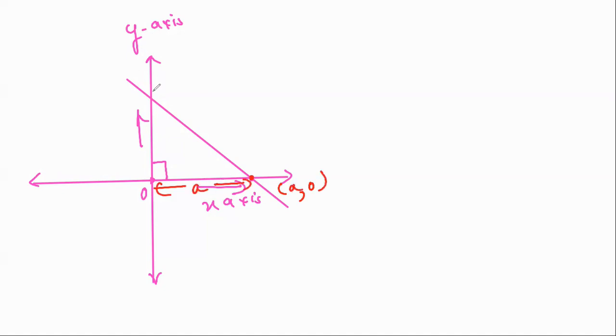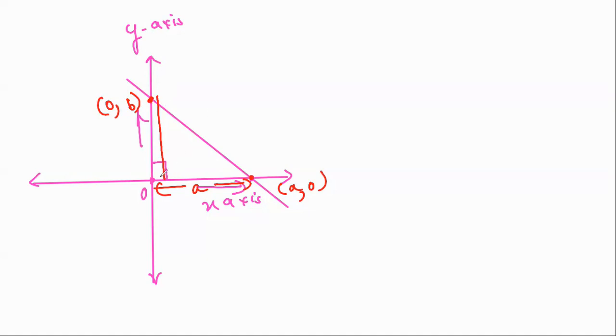Now let's talk about the intercept on the y-axis. The line is cutting the y-axis at some point, and when it is on the y-axis, x is 0, and this distance I have taken as b. So the coordinate of this point is 0 comma b, right?